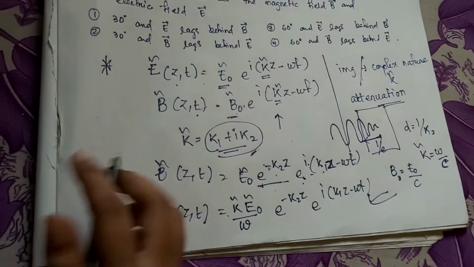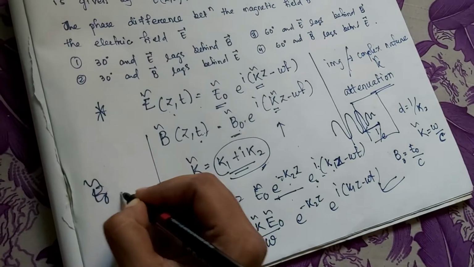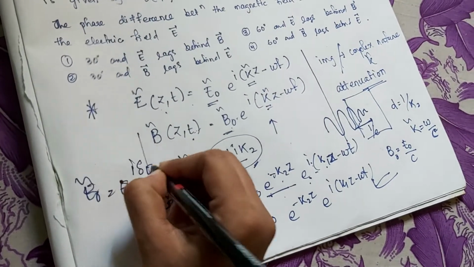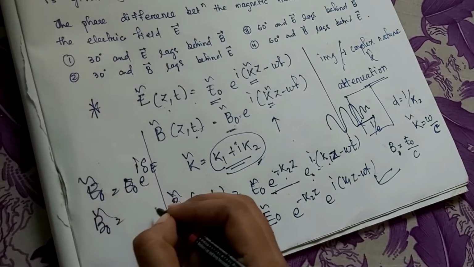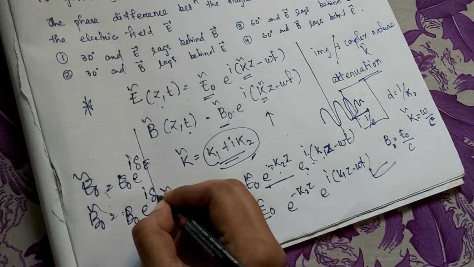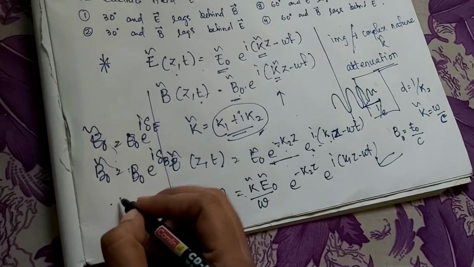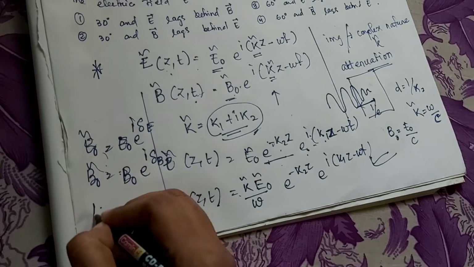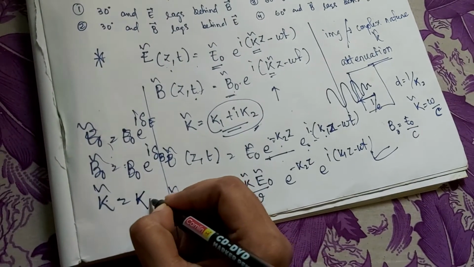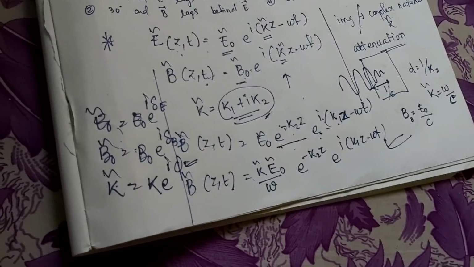My complex amplitudes can be written as E naught = E naught e^(iδE), and B naught = the amplitude of B naught, in complex form, e^(iδB). These are the phase of E and the phase of B. Similarly, since k is complex, I can also write it in exponential form as k e^(iφ), where φ is the phase difference.